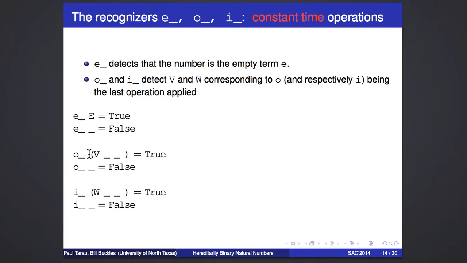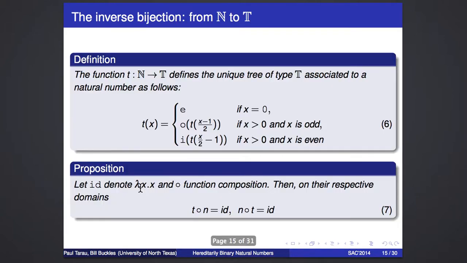Even numbers or odd numbers that are larger than 0, so we can have a structural classification of those trees into empty or odd trees corresponding to odd numbers, or trees corresponding to even numbers.